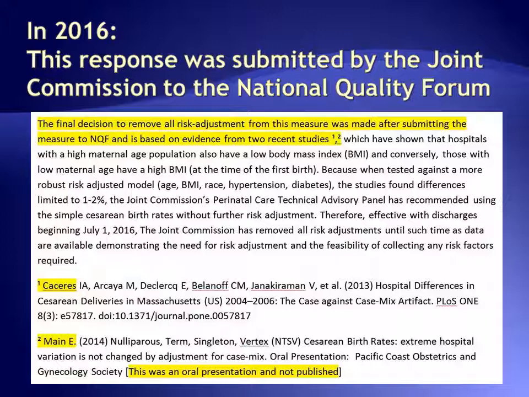Since the study by Caceres didn't have maternal BMI as a risk factor, this means that every hospital and obstetrical care provider in the United States is going to be measured using a cesarean birth measure that is supported only by an oral presentation given by the person whose last cesarean birth measure had an unrecognized fatal flaw.